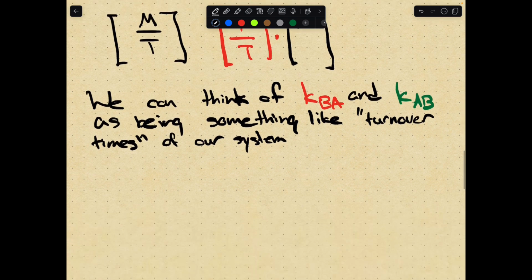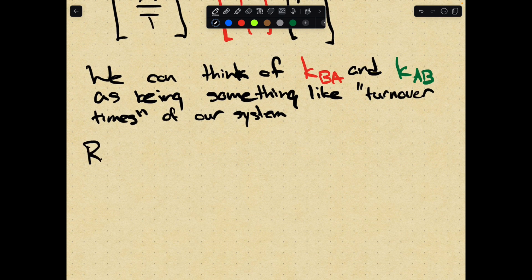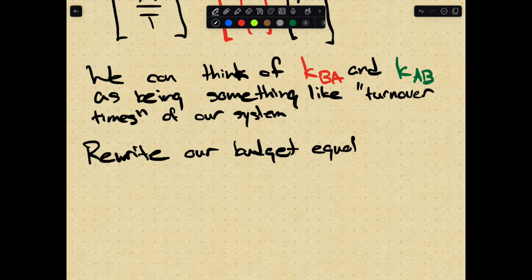All right, so what we want to do is rewrite our budget equations, inserting the flux parameterizations.